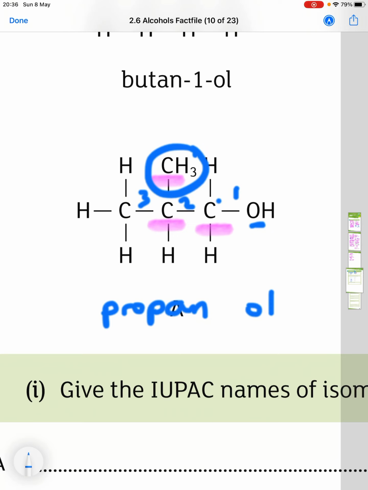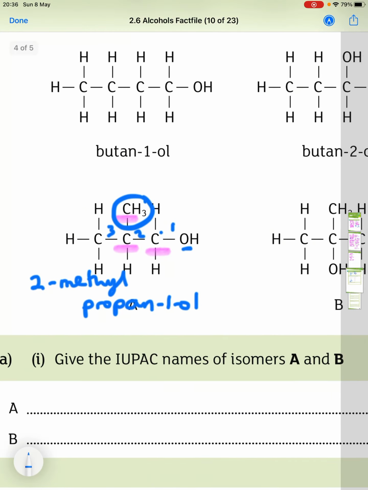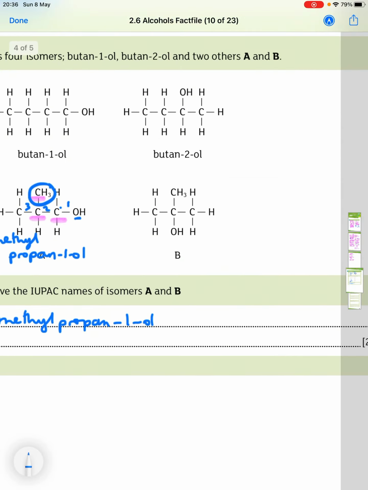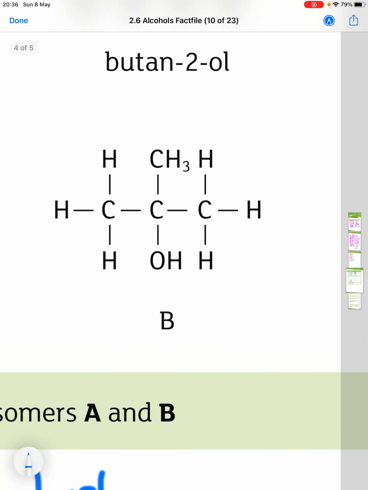That would make it 2-methylpropan-1-ol. I'll put it in here so you can see it. 2-methylpropan-1-ol.